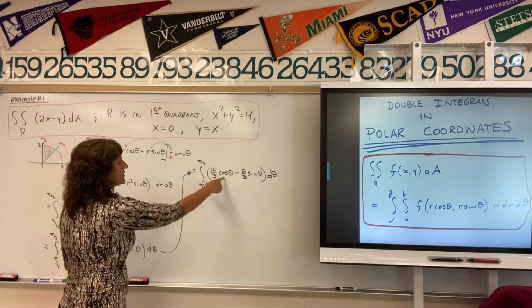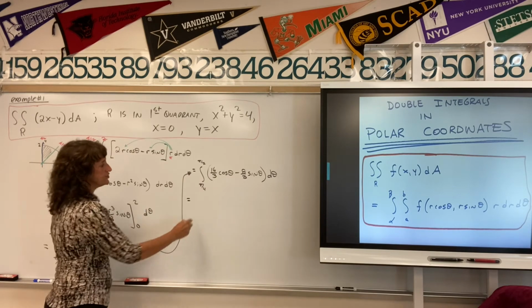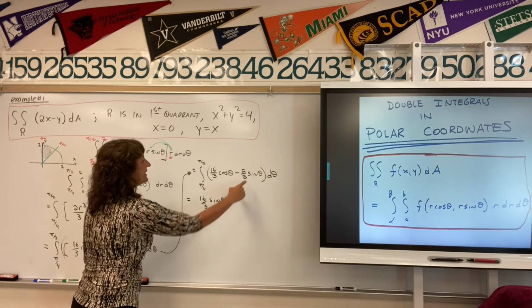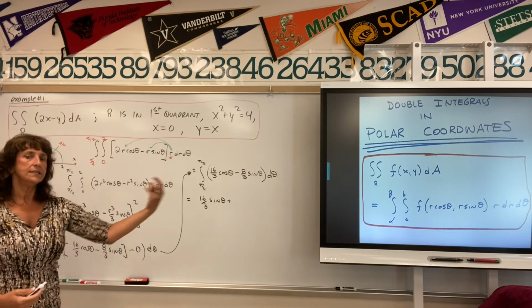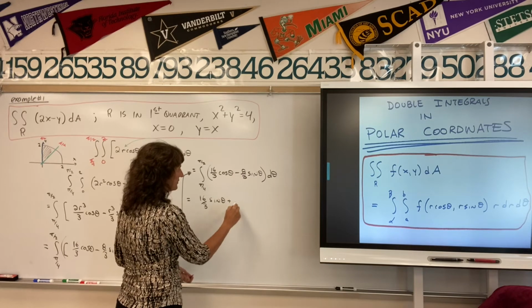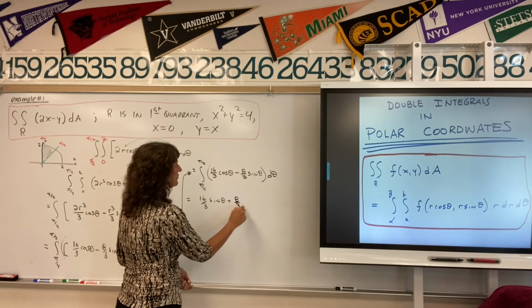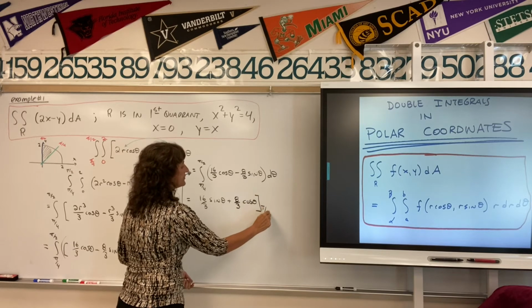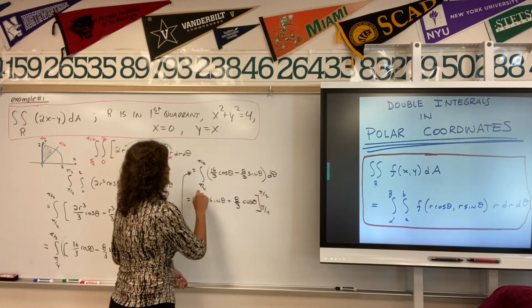Integrate cosine, you get the sine function, so this is 16/3 sine theta. Integrate sine, you get the negative of the cosine function, so that changes the negative to positive: positive 8/3 cosine theta. We want to evaluate this from pi over 4 to pi over 2.